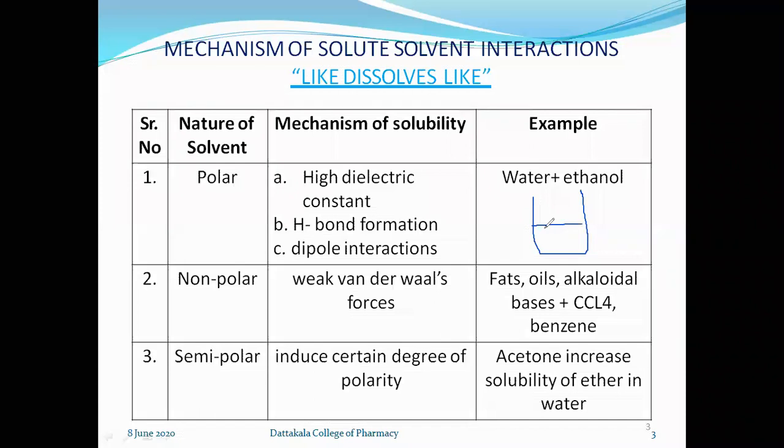In simple language, we can't separate solute and solvent from this mixture in that situation. We can say these are completely dissolved. We can say these are in a single phase. We can say the mixture is in homogeneous form.